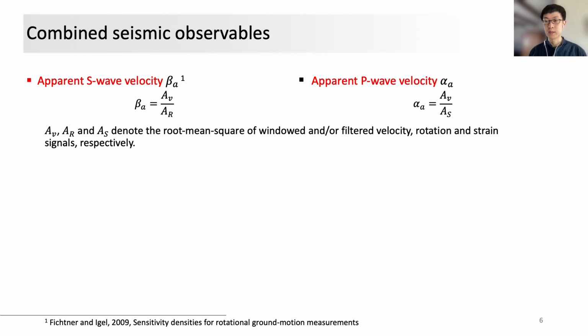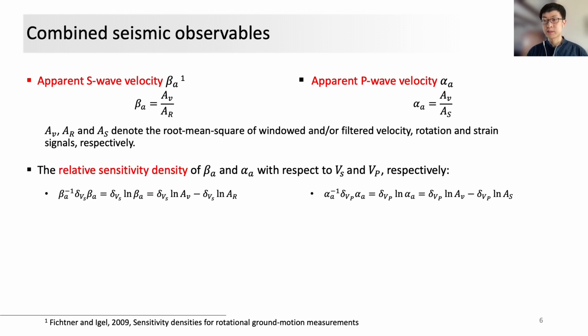To be more specific, the root mean square amplitude ratio between velocity and rotation is called the apparent S-wave velocity, beta. Similarly, the apparent P-wave velocity can be defined with the velocity and strain components. To avoid division by zero, a time window for each individual quantity has to be applied.